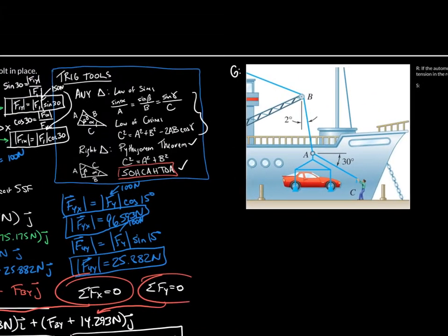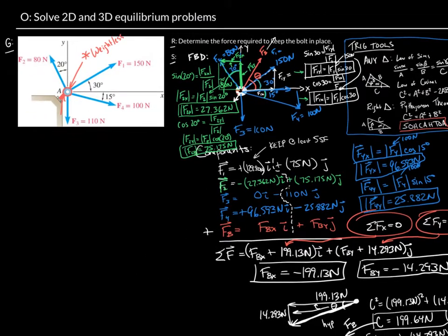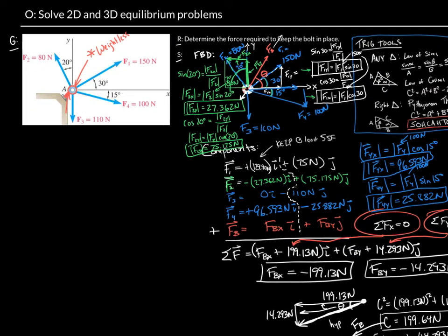One last thing. Over here, I could have used some trig, but if you can imagine what this would have looked like ultimately, if I tried to do tip to tail for all 4 of these, it would have looked like this: F1, and then F2 would have gone this way, and then F3 would have gone straight down, F4 would have gone this way, and then the force of the bolt would have gone back this way.